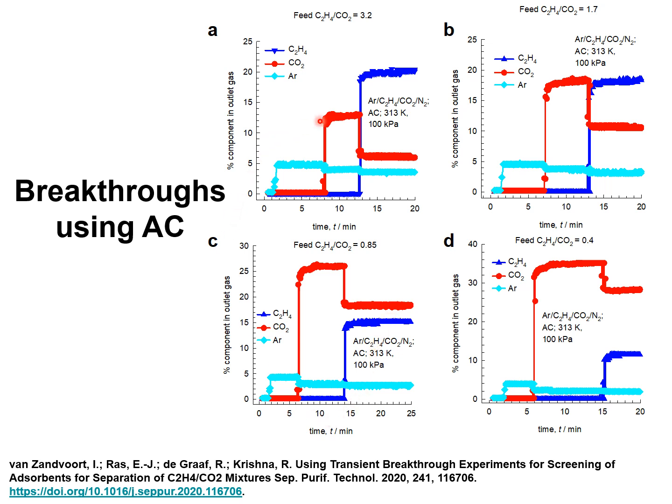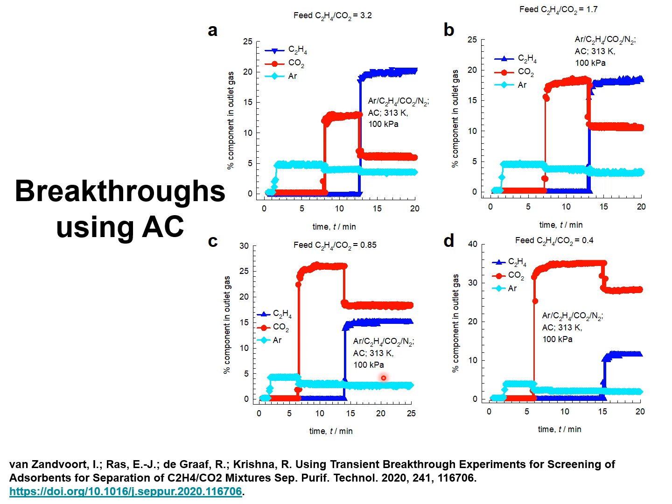We note that in all cases, the first component to breakthrough is CO2. You can see the breakthroughs of the red circles here. And the last component to breakthrough is C2H4.